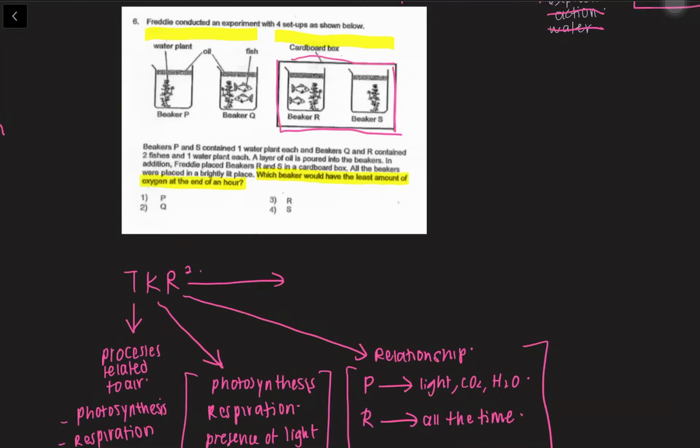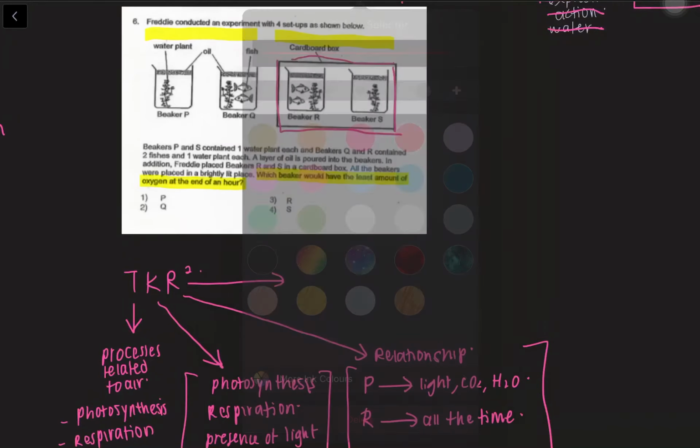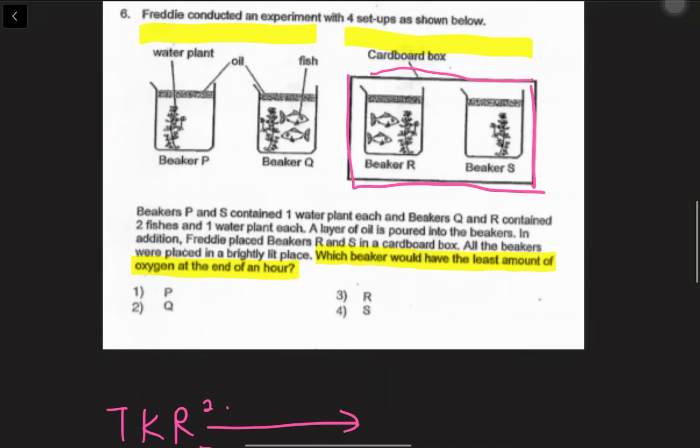So let's take a look at what we remember. So there is a plant in a beaker in P. So we know that there is light, there is a plant. And since no oxygen can enter, we know that the plant is also respiring all the time, right?